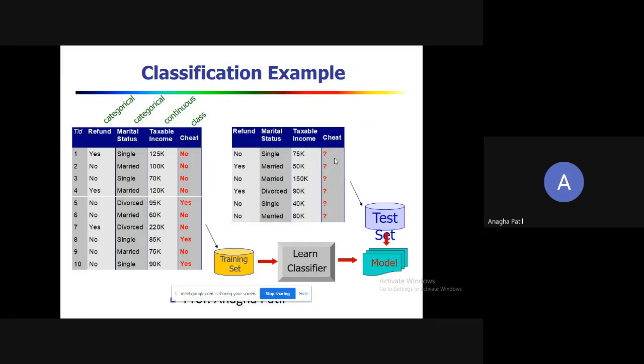So as we have made a rule only for marital status divorced, and when it is no, single and having the taxable income greater than or equal to 85k, only at that time it would be yes, otherwise the rest of the things would be no. So here we are going to get cheat is equal to yes as the class label, and for the rest of the samples, the class label predicted would be no.